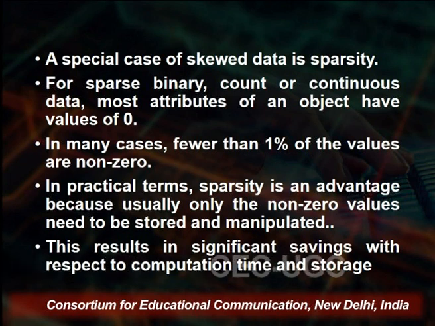Sparsity is an advantage because only the non-zero values will be stored and manipulated. We are not concerned about the zero values. So sparse data is significant because it saves a lot of computation time and storage, as there is very little non-zero data.